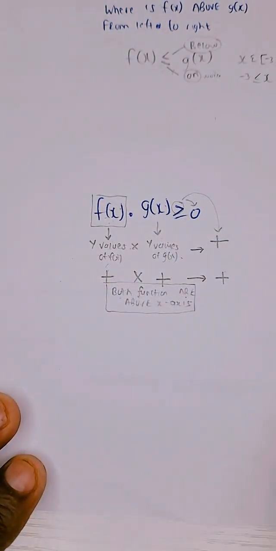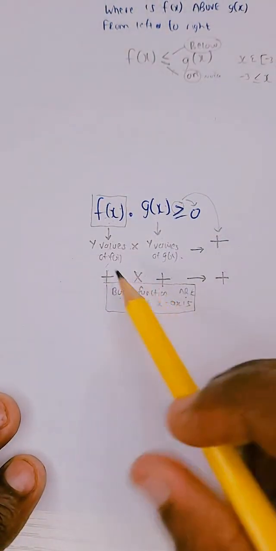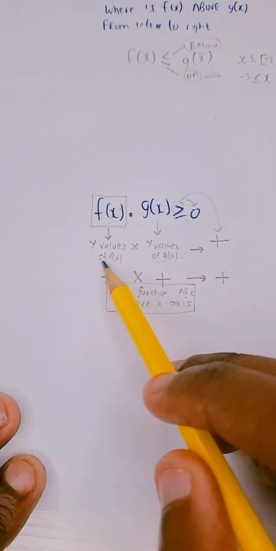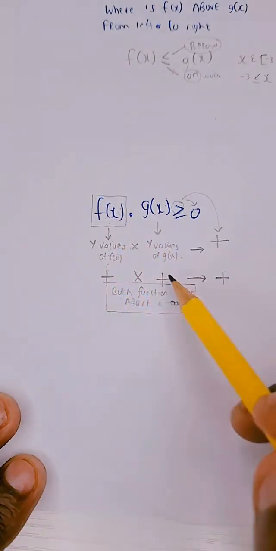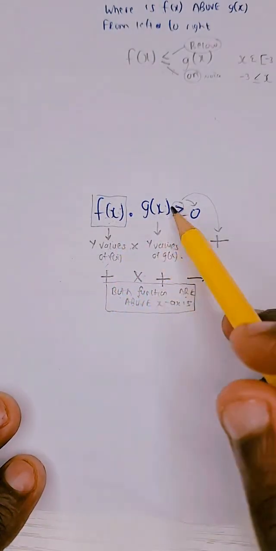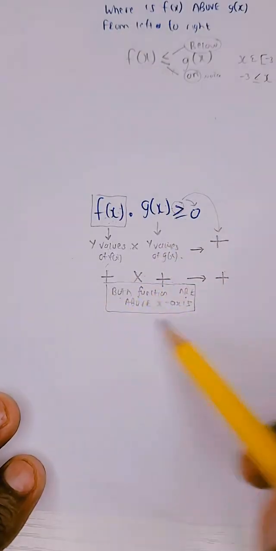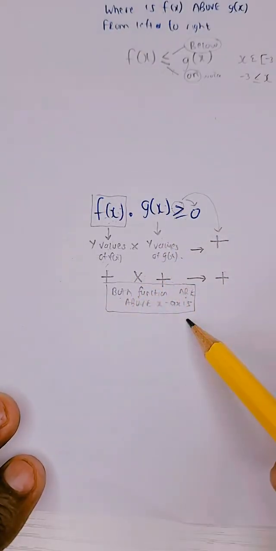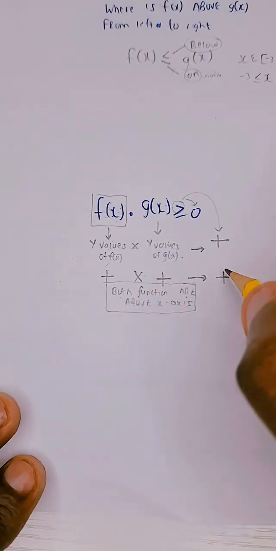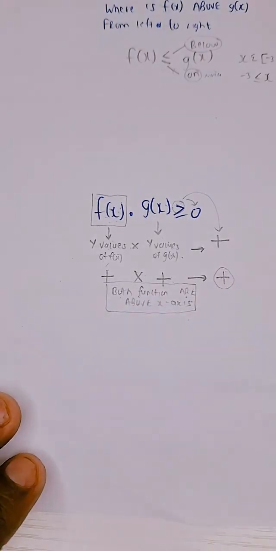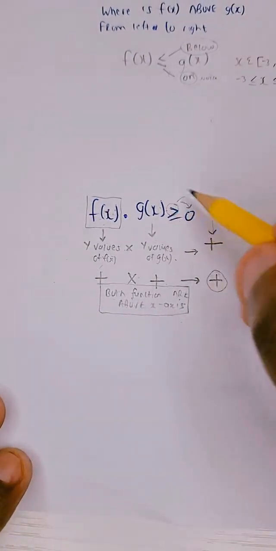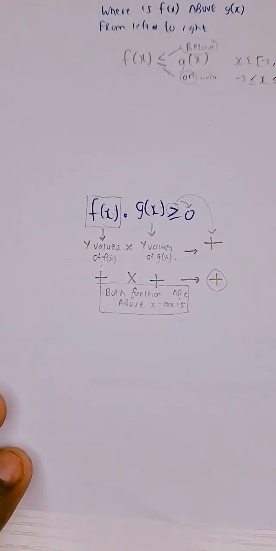You should know that. That is the direct meaning of the positive of the y values of f and the positive of the y values of g, where both your functions are above the x-axis. That will lead me to the positive result, the outcome that I desire.